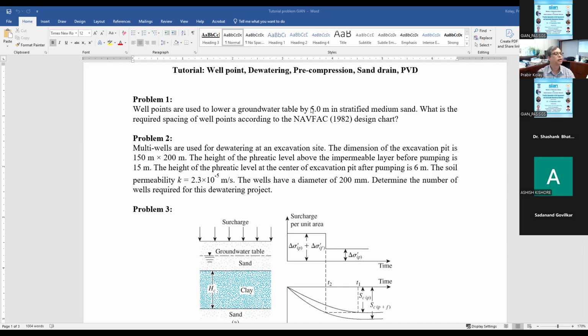Here the water table is 5 meters, stratified sand, medium sand. So you take that 5 meters, find the sand type, and just draw a straight line. From there, you can easily find out the spacing between the well points. You need to see the chart, and then you can find out.